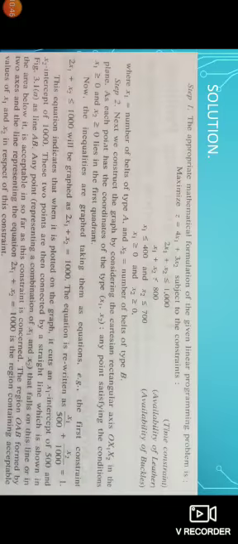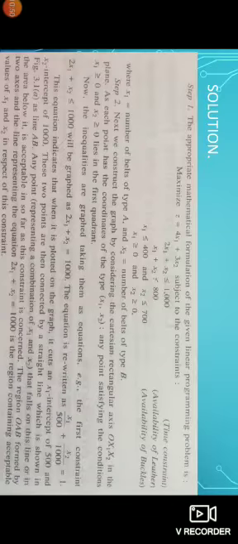If x1 is equal to 0, then the solution is x2 equal to 1000, and if x2 is equal to 0, then x1 is equal to 500.